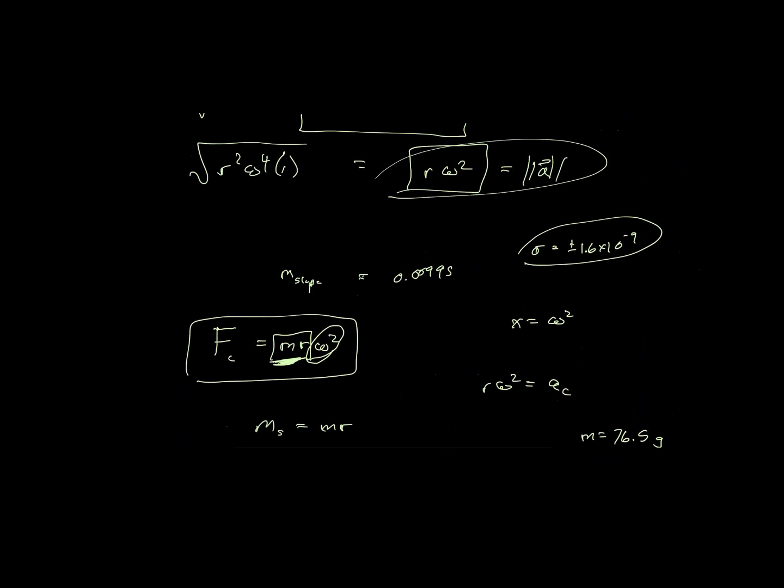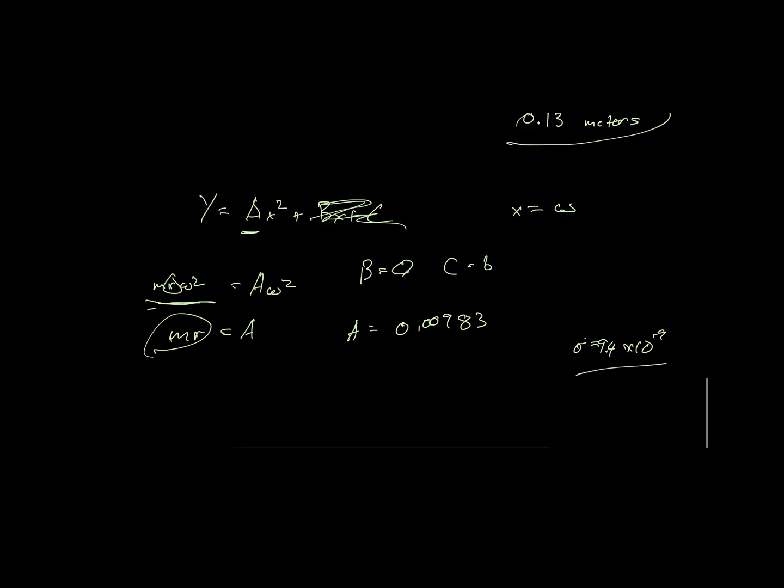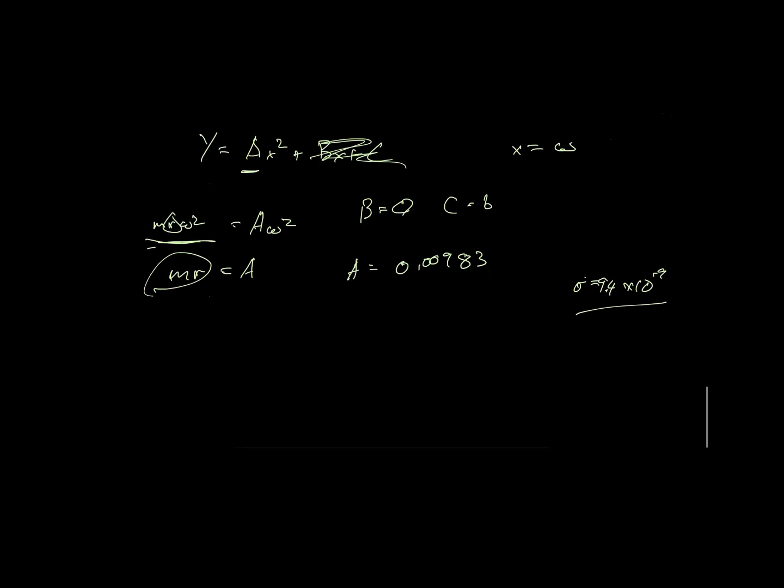The point is it's a bigger number than this other sigma we had. So we have more uncertainty using the quadratic formula, but you get about the same thing.